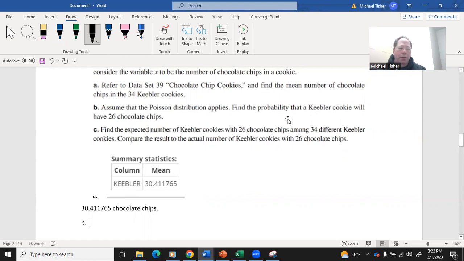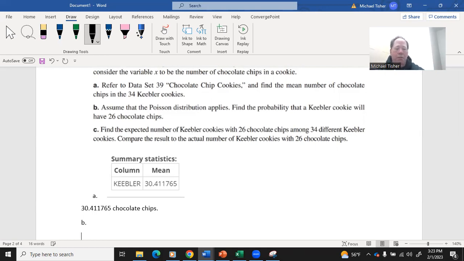And using that, we're going to find the probability that a Keebler cookie will have 26 chocolate chips. Well, since 26 is pretty close to 30.411765, it might be a high probability. On the other hand, there's a lot of numbers between 26 and 30.411765, so it might be a low probability.